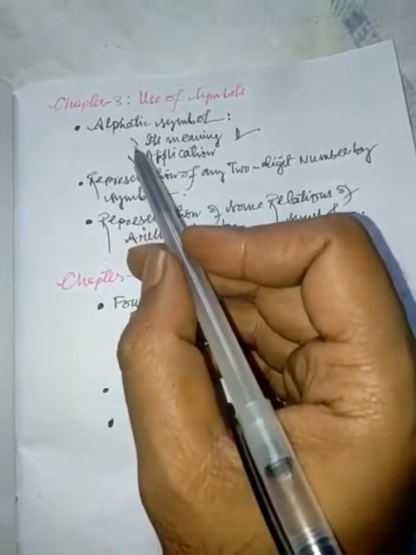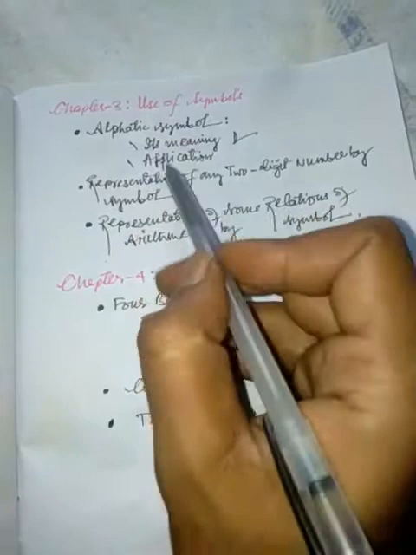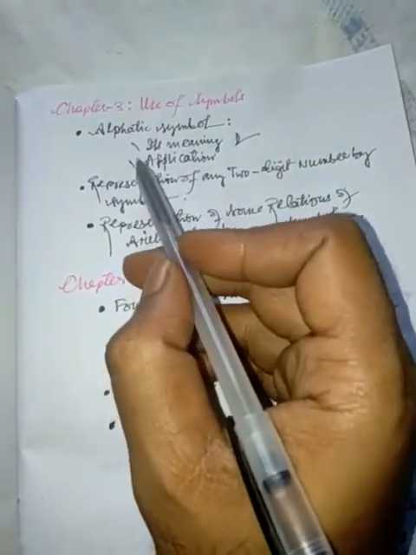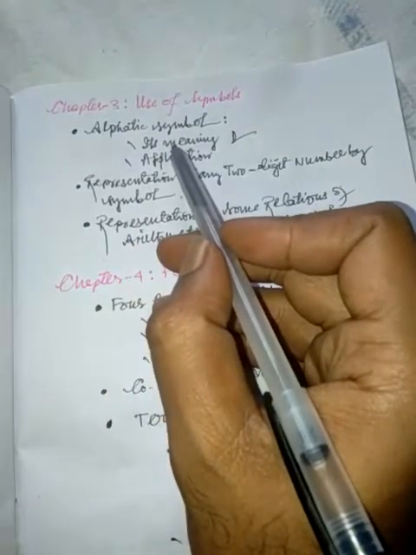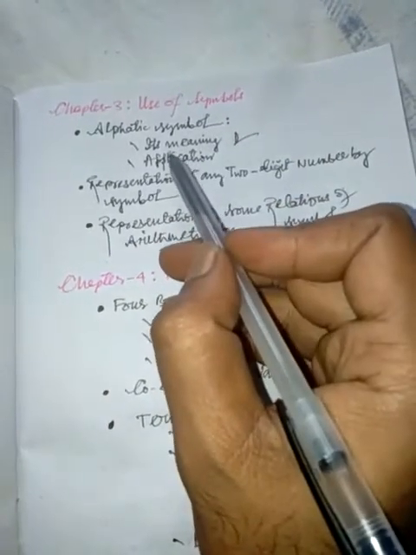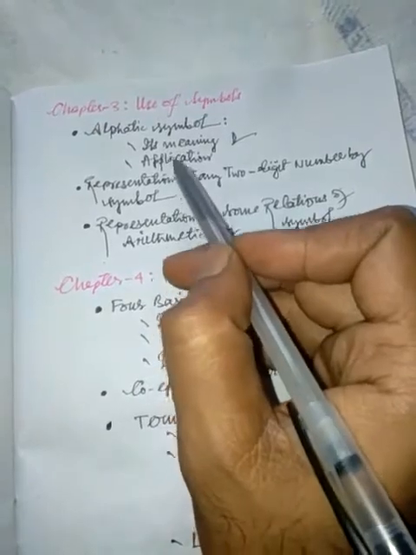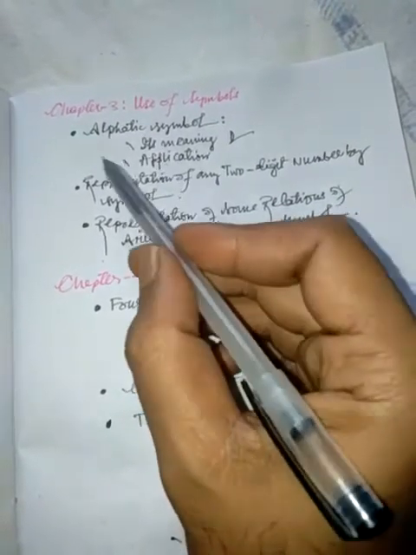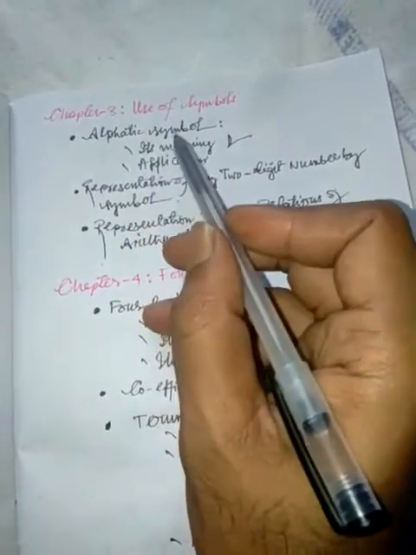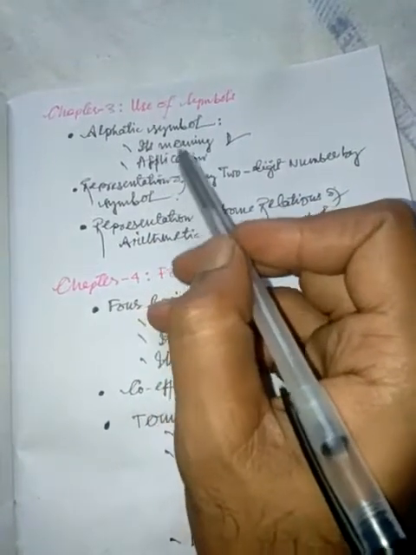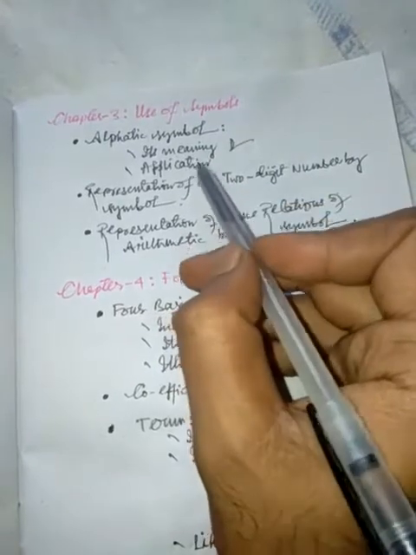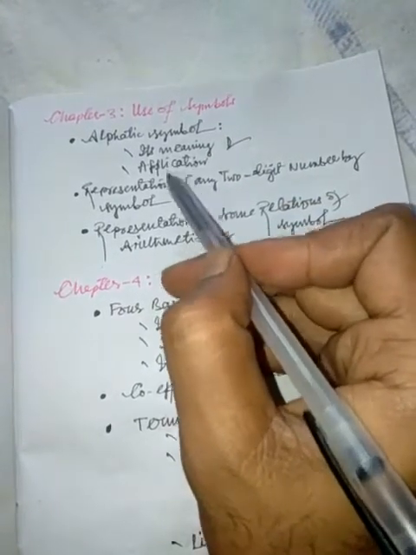Why do we have to use the alphabetic symbol in algebra, what is a symbol, and what is the application of this symbol in algebra? Through this topic, alphabetic symbol, we can easily understand the uses of symbols in algebra.